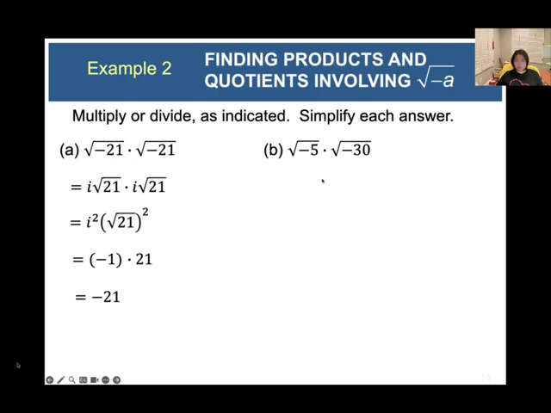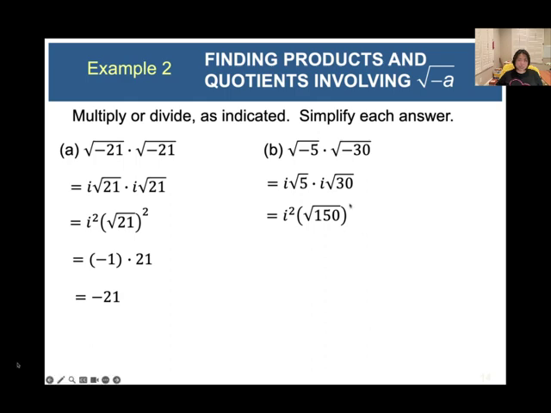Okay, B, do the same thing. This is going to be i square root 5. And this one, that will be i square root of 30. Okay, now both of the radicands are positive, so we could combine the square roots together. And then i times i, which is going to be i squared.